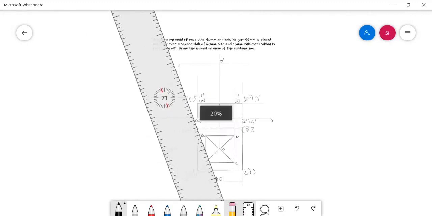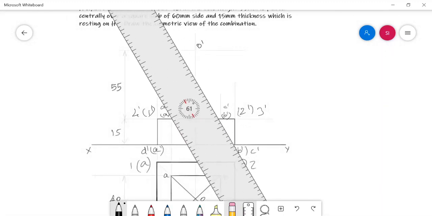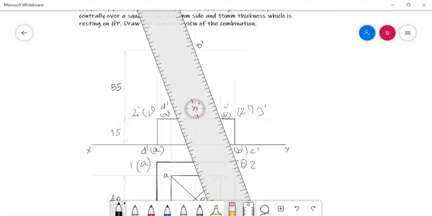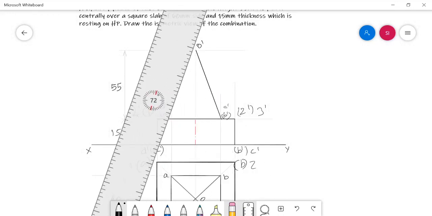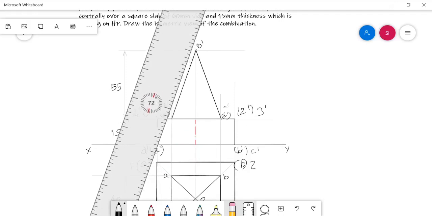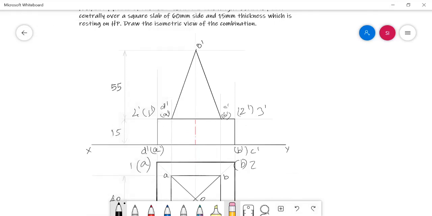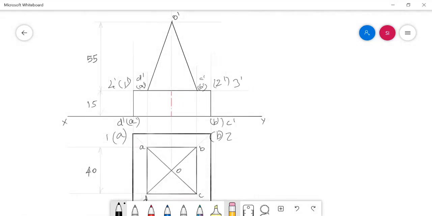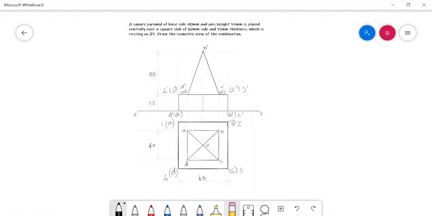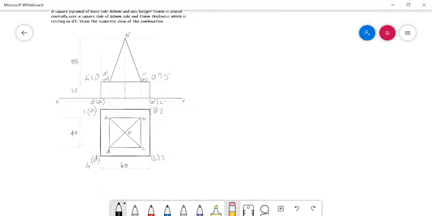And let me connect the slant edges in the front view. Now the orthographic projection of the solid combination is over. We can go for drawing the isometric view of the solids.